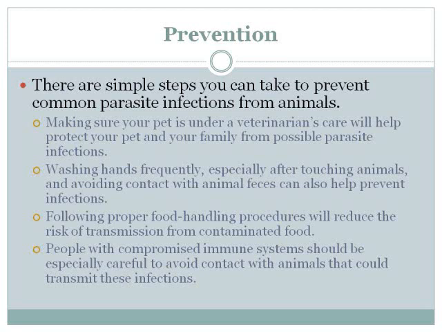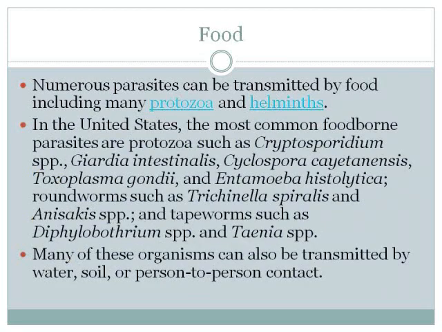Finally, food. There's a list of food contaminants regulated by the FDA. The most common are Cryptosporidium, Giardia, Entamoeba histolytica, Trichinella, Ascaris, and tapeworm. If you go to the FDA site and look at fresh food, vegetables, and meat, these are the criteria.